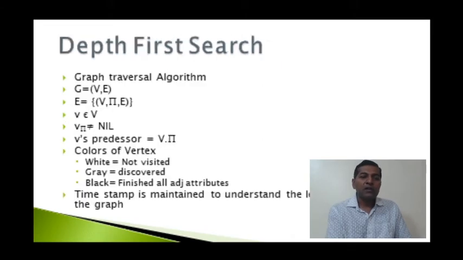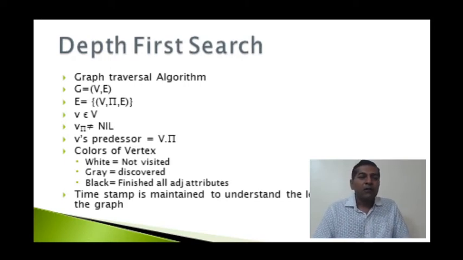In the depth first search algorithm, we have a graph defined mathematically as G equals (V, E), where V represents the number of vertices in the graph. In some books it may be represented with nodes, but we see it as vertices, and the edges are connected between two vertices or multiple vertices in the graph.